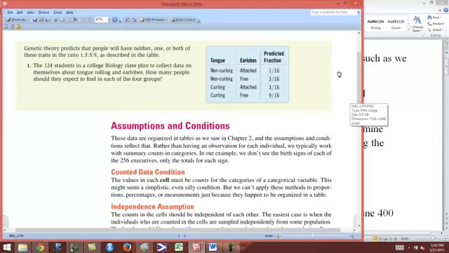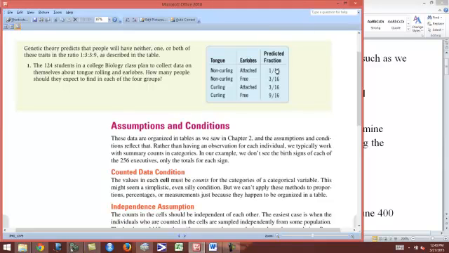Genetic theory predicts that people have neither one or both of being able to curl their tongues and having attached earlobes. So 124 students in a biology class plan to collect data on themselves about tongue rolling and earlobes. How many people should they expect to find in each one of the four groups?